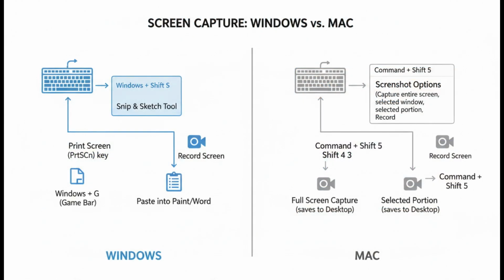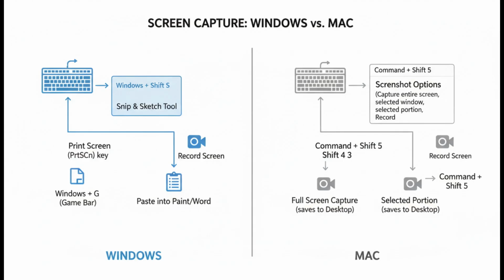Slide 4. Screen capture. Windows versus Mac. One of the most important practical skills in digital media production is learning how to capture material from your own screen. This diagram compares some common screen capture methods for Windows and Mac systems. For Windows users, tools like Snipping Tool, Print Screen, and Game Bar can help capture both images and video.